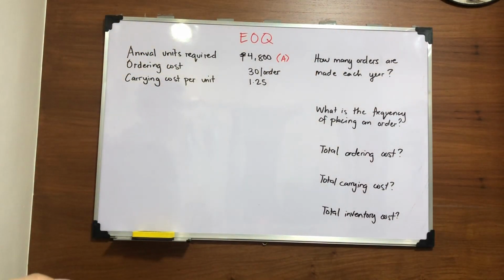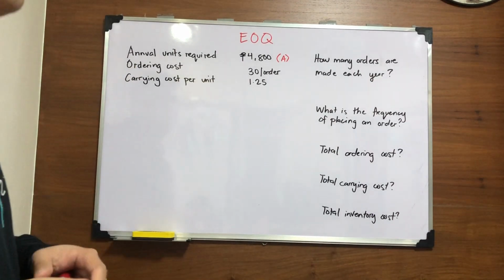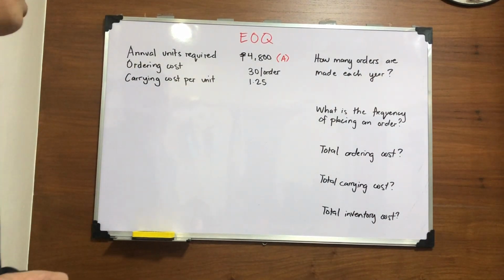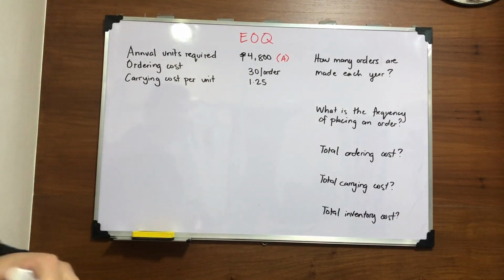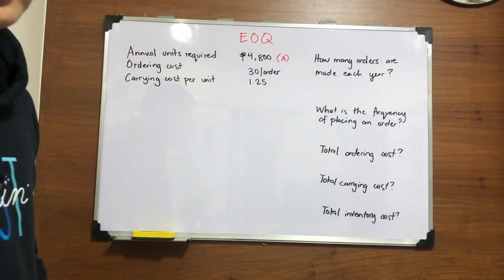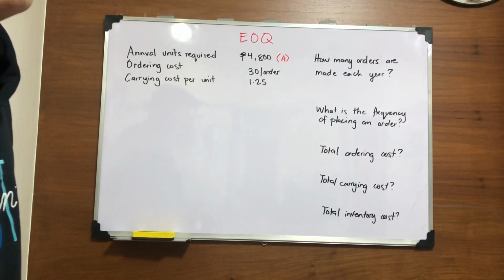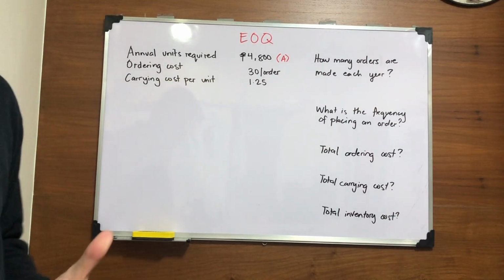And then determine your ordering cost. So ordering cost, this may seem small amount, but in reality, ordering cost refers to the costs that are attributable to insurance, taxes, those costs that refer to the back office.